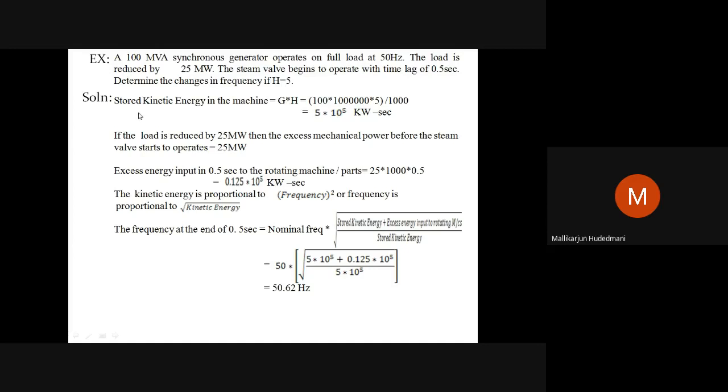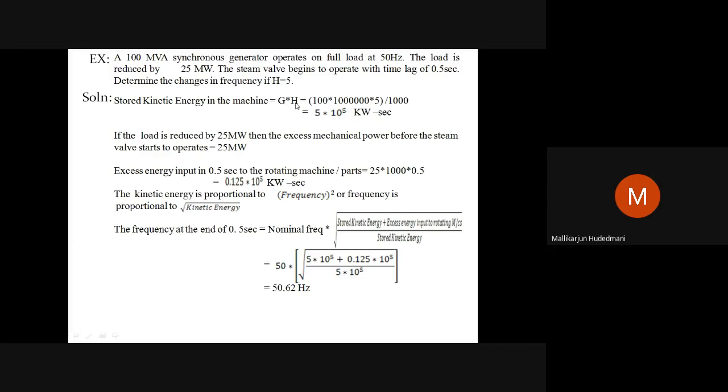The stored kinetic energy in any machine in the plant is given by the capacity of the machine and the H constant of that. It means 100 MVA into H of 5 divided by 1000. Why is it divided by 1000? I will tell you. It is called GH. G is the capacity of the machine.